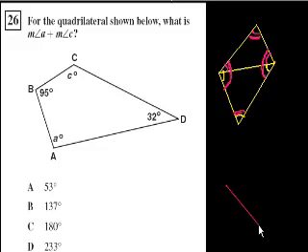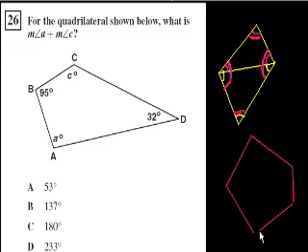Let's say a five-sided, let's do a pentagon. So 1, 2, 3, 4, 5 sides. You say, wow, how many angles are there in a pentagon? We'll just break it up into triangles. How many triangles can you fit in it? Let's see, 1, 2, 3. Each of these triangles, their angles add up to 180.